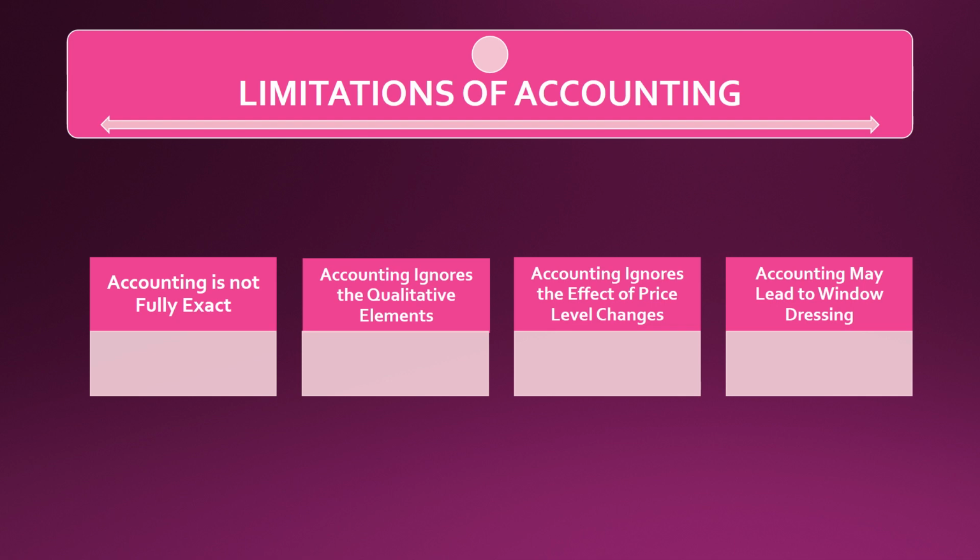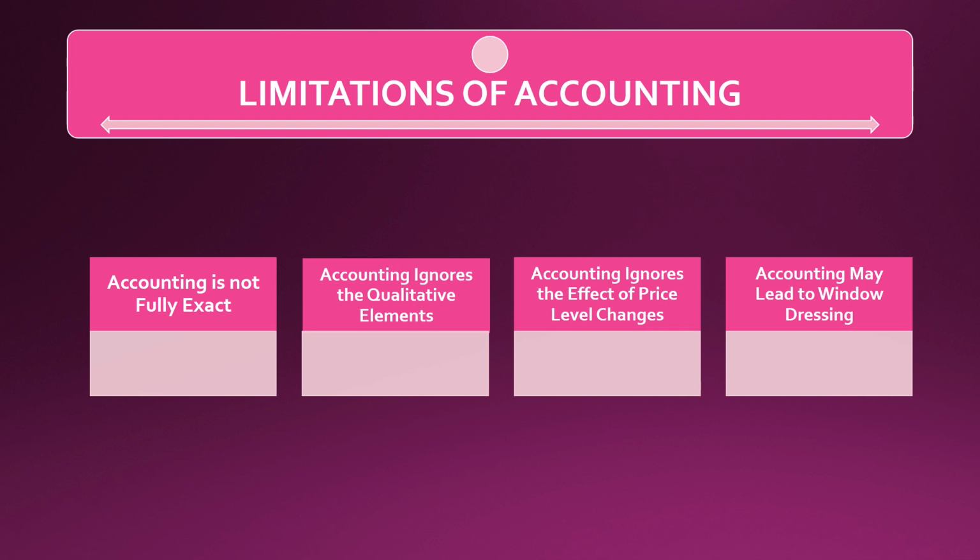If in one year one accountant is maintaining the accounting records, and in the second year another accountant comes, they will have their own personal judgments which will bring a change in the result. Hence it is said that accounting is not fully exact. Completely exact is not there. Something lacks in this.